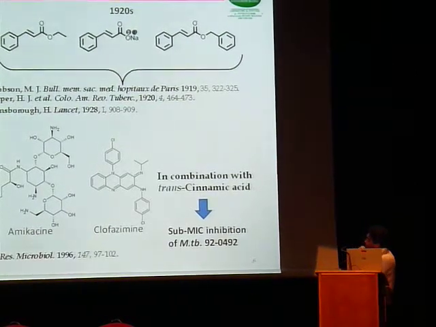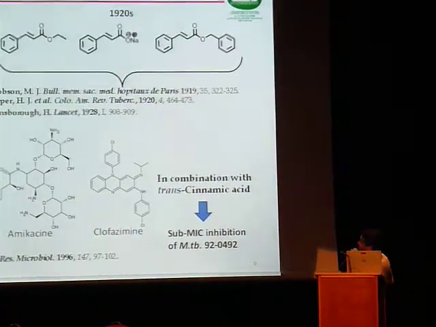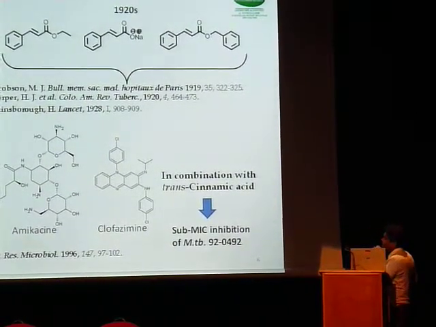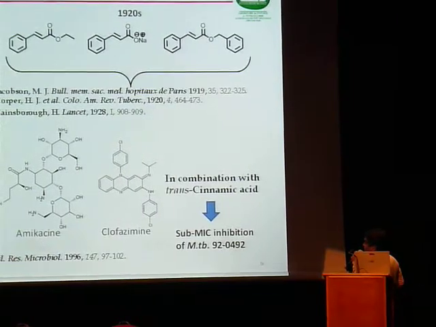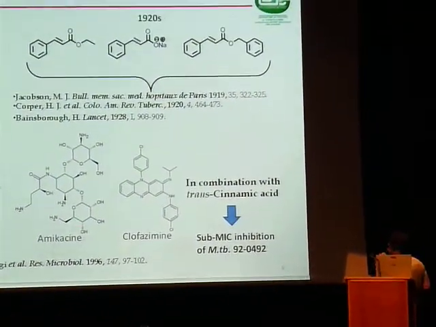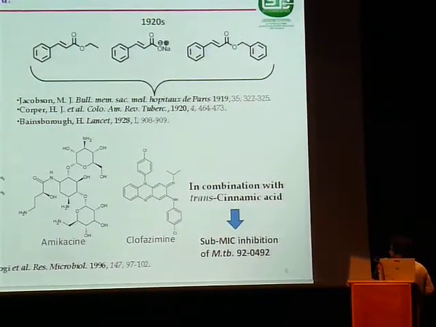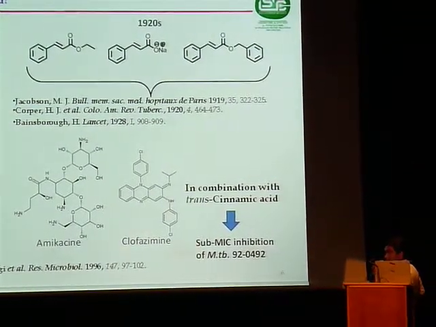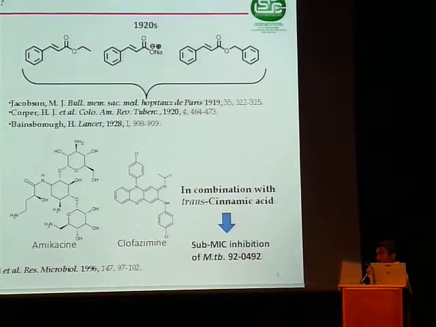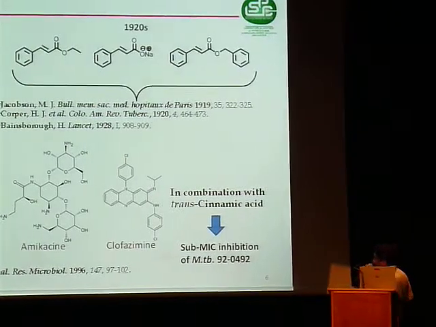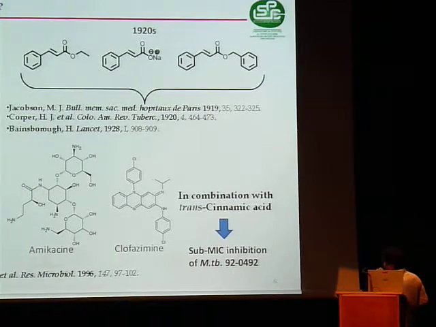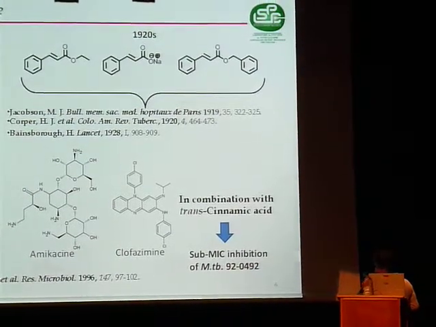And in their experiment, they also showed that ofloxacin, amikacin, or clofazimine, all established antibiotics, when treated in combination with cinnamic acid, showed sub-MIC inhibition. MIC is the minimum inhibitory concentration of a compound on bacterial cell growth, which is visible growth. And this was on a drug-resistant strain.